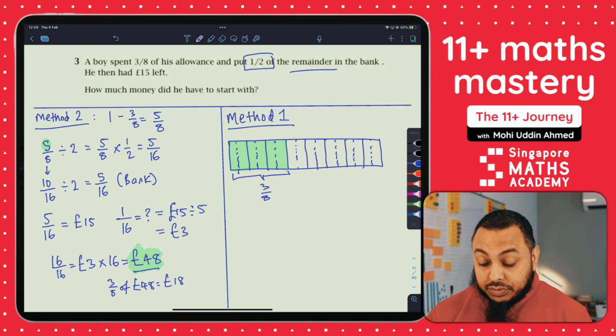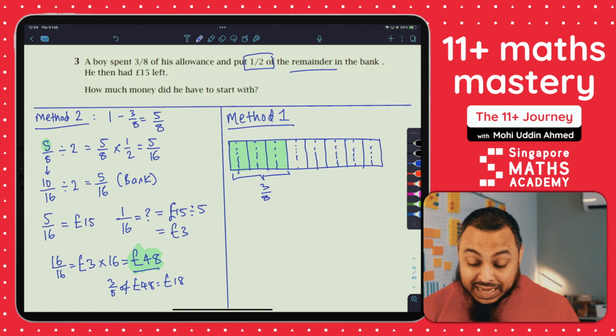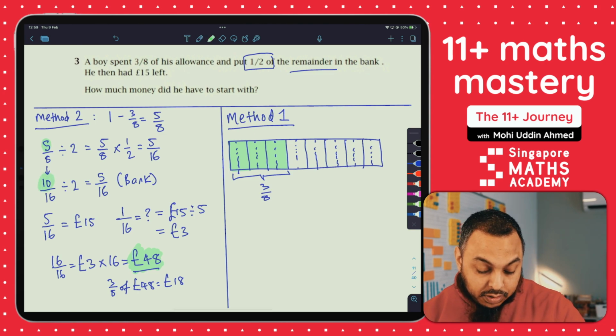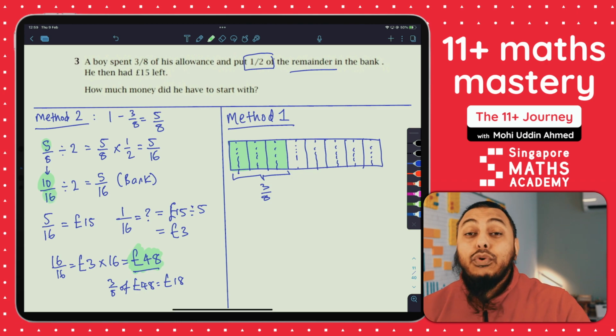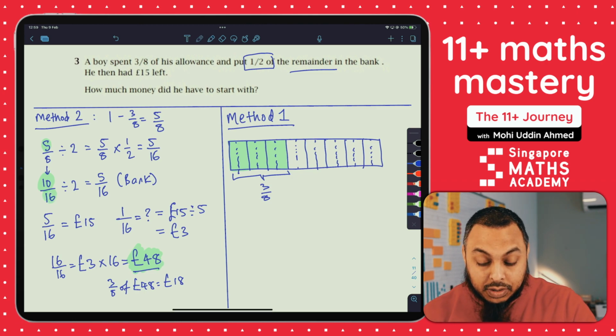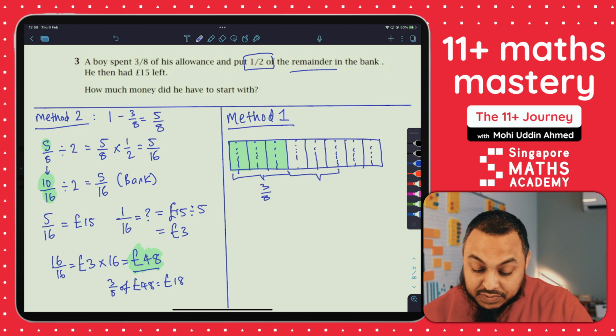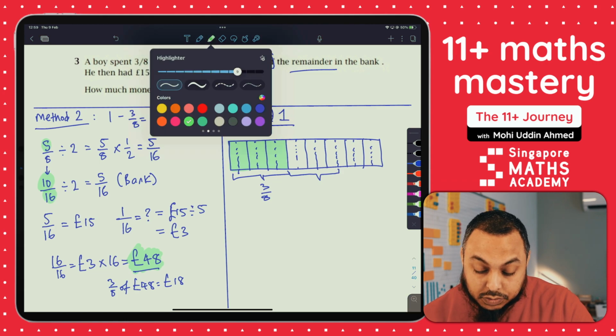And now I've got not 5 equal parts, I've got 10 equal parts. Can you see where the 10 came from? I've got 16 parts altogether now. And I've got 10 equal parts, and I know 5 of those were given to the bank.